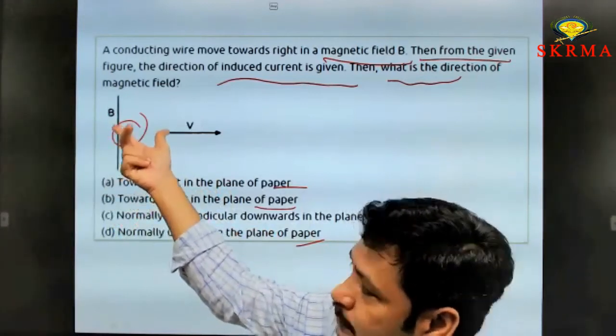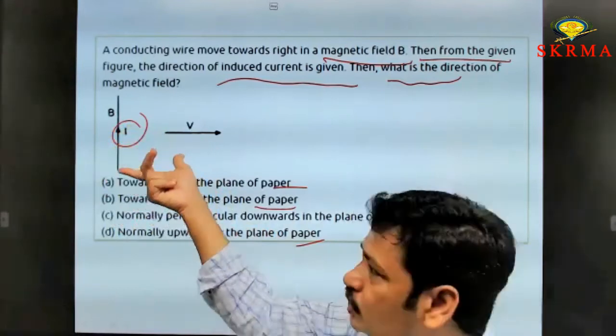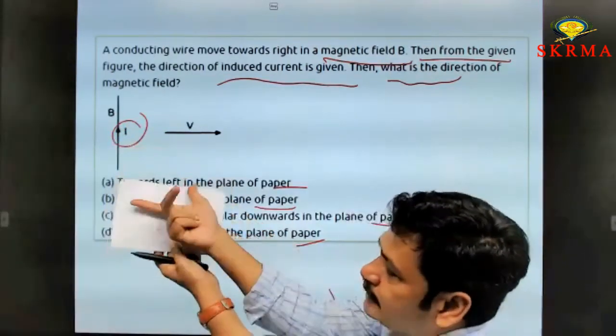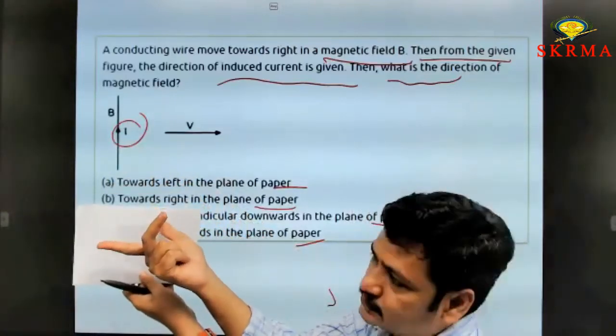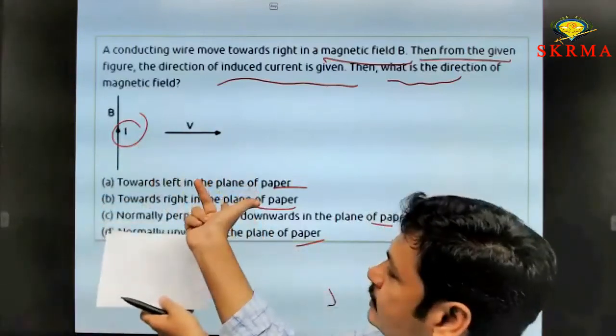We have to find the B value. This is moving towards the right. If you observe this in the paper, it is like this. If you move it, the force acts towards it, moving like this.